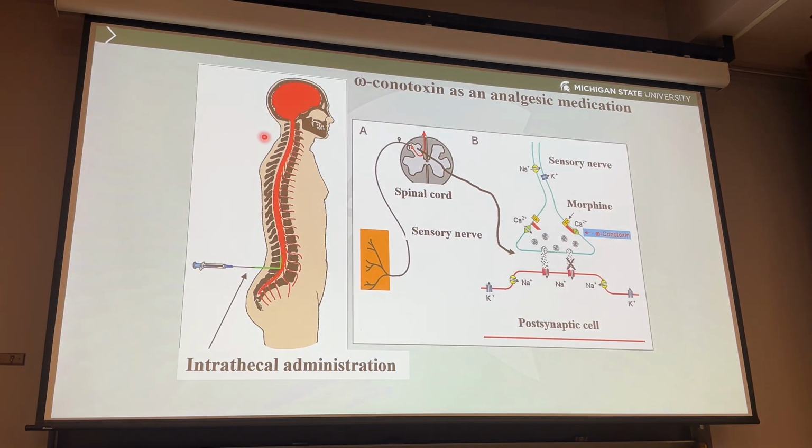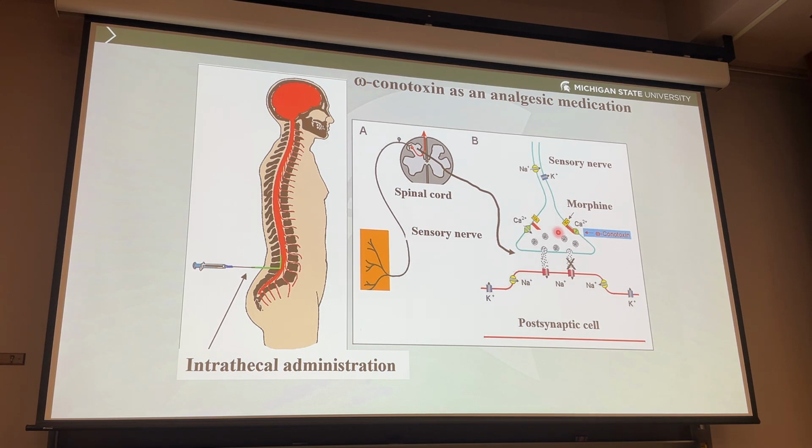Interestingly enough, this was investigated as an analgesic medication. The thought being, you have pain in a sensory nerve in the periphery, it communicates that up into the central nervous system, that goes up into the brain, and it says, I'm in pain. But if you're able to block this calcium channel, then it freezes that pain and you don't experience it.